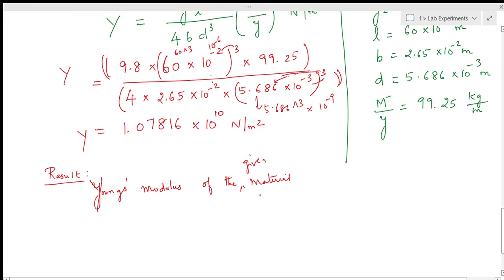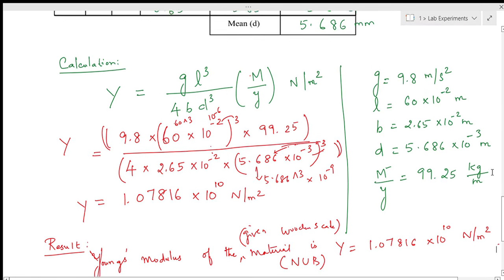For example, if it is a 1 meter wooden scale, the Young's modulus of the given wooden scale, wooden beam, is determined using non-uniform bending method as Y is equal to 1.07816 into 10 power 10 Newton per meter square. Thank you.